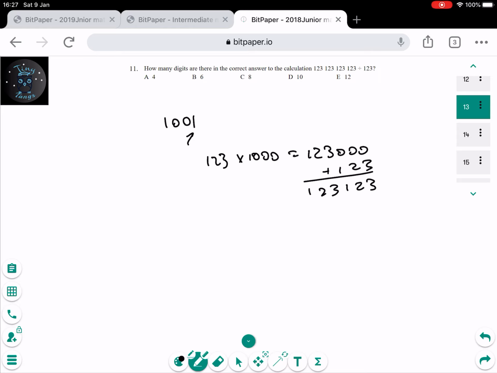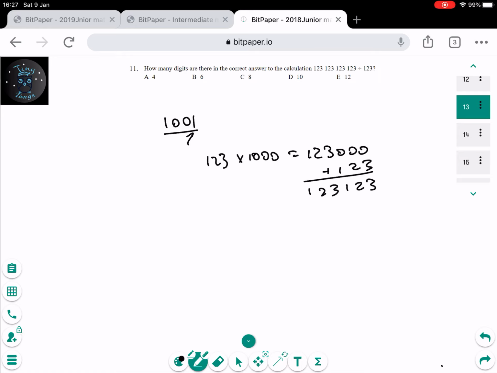Because 1001 times 123 is 123 123, we need exactly 2 more for the thing to work.